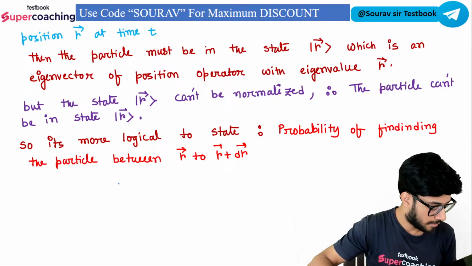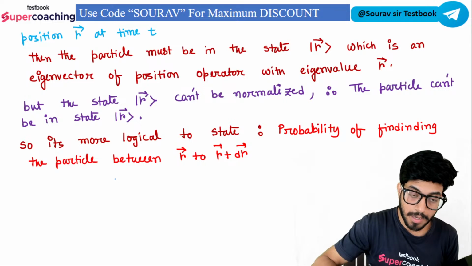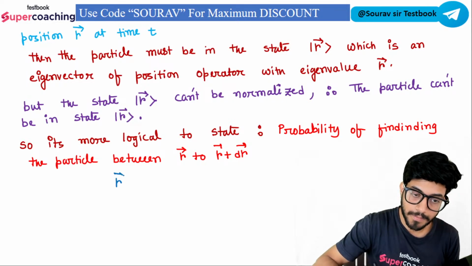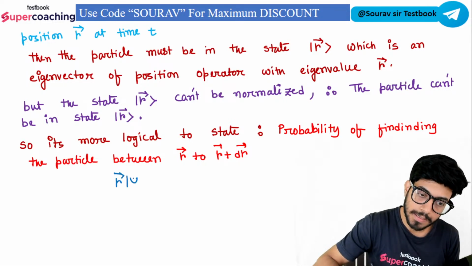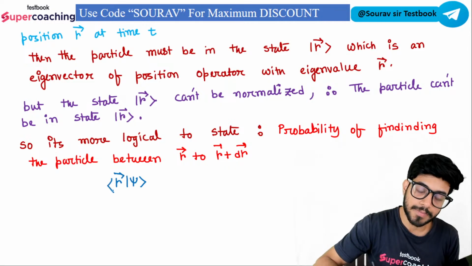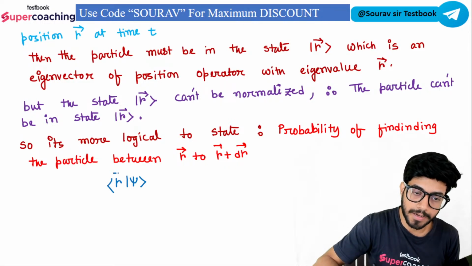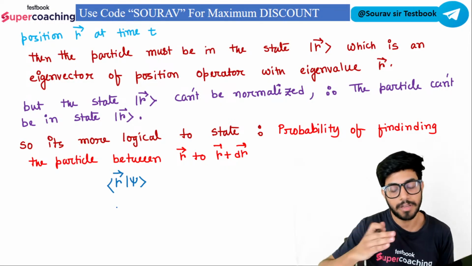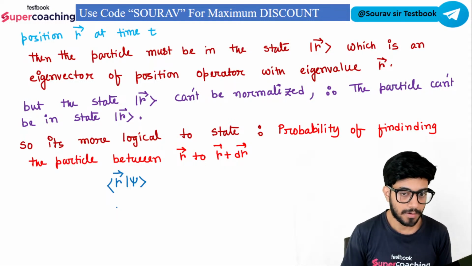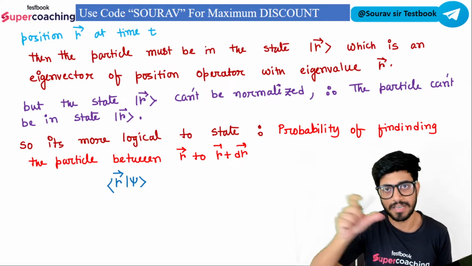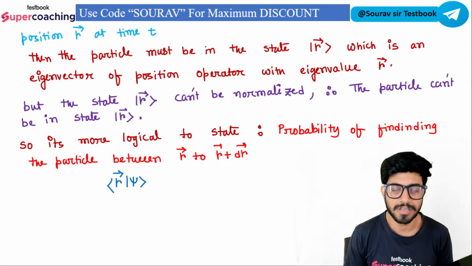integration, r vector, psi star psi, that is the probability of finding the particle exactly at point r. Then what will be the probability of finding the particle between r and r plus dr? In that range we can say that the probability doesn't change much.